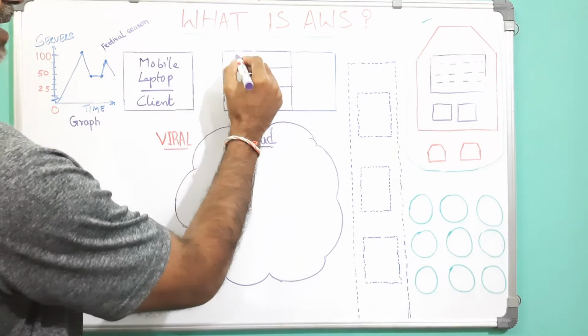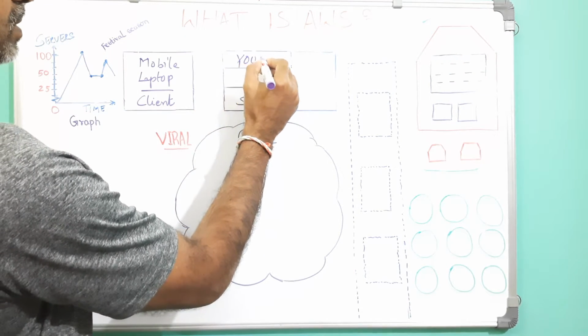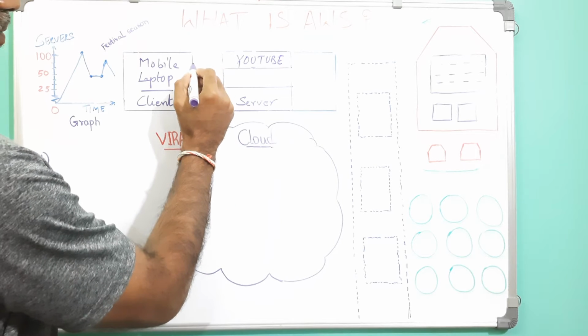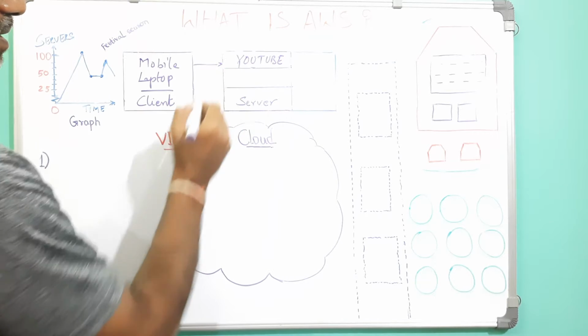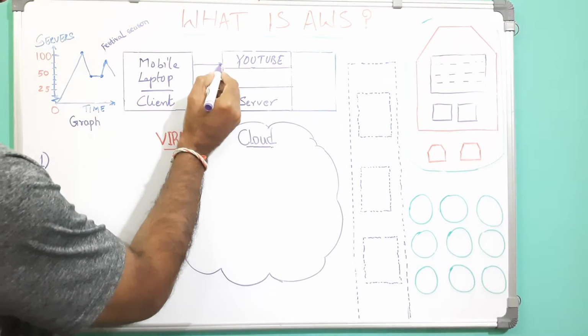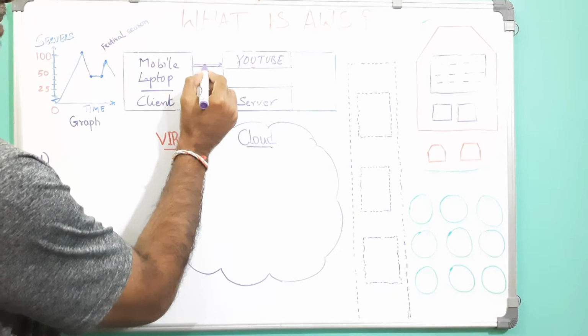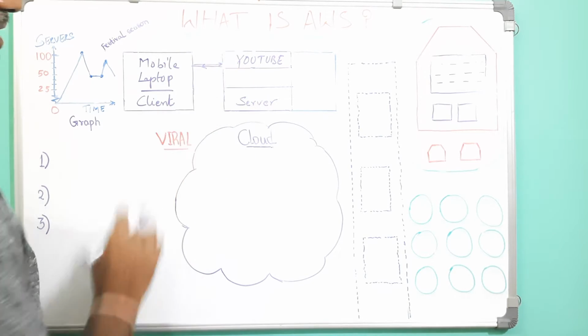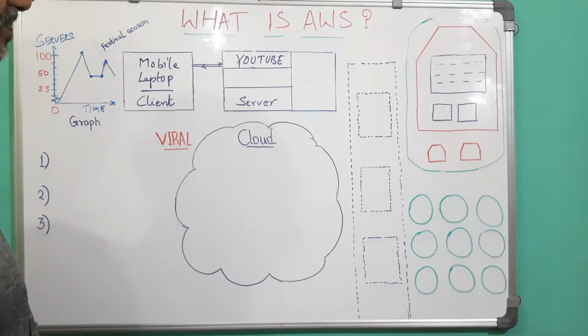So you are actually connecting to YouTube, which is a service. So when you connect to YouTube and you request a video, then it would actually stream the video back to you. So that is a client server communication.